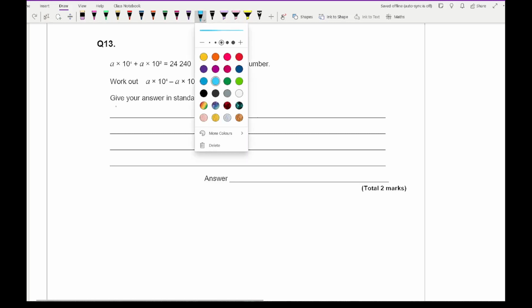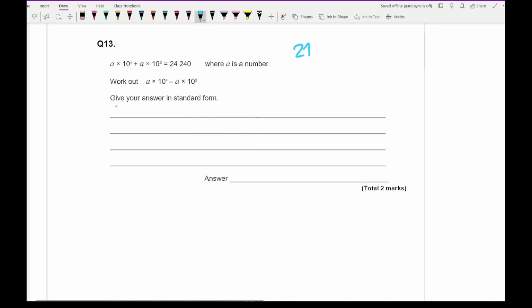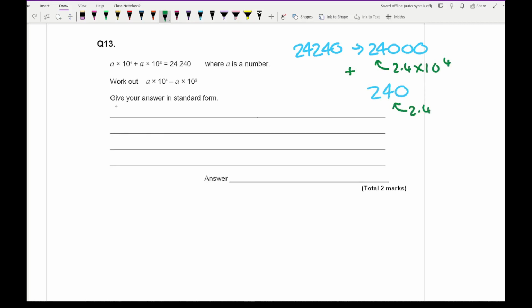Now what you need to remember is that with 24,240, we want to split this up so that it's the sum of two numbers. Now this is 2.4 times 10 to the power of 4, and this is 2.4 times 10 to the power of 2.